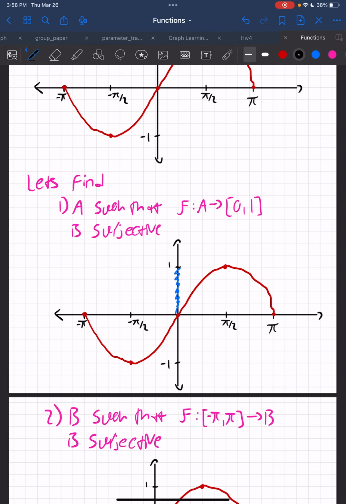Notice that sine of 0 is 0, sine of pi over 2 is 1. So when we set A to be 0 through pi over 2, and we apply f to all these elements, then we're going to recover the entire interval [0, 1] as our range. So in this case, for A the interval 0 through pi over 2, our function sine of x is surjective.